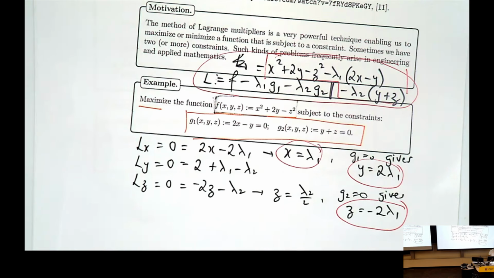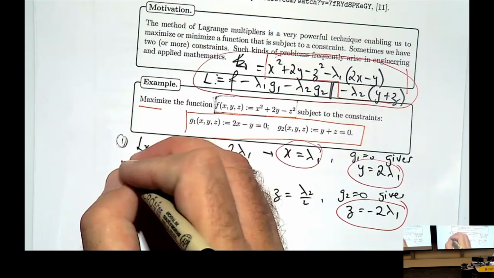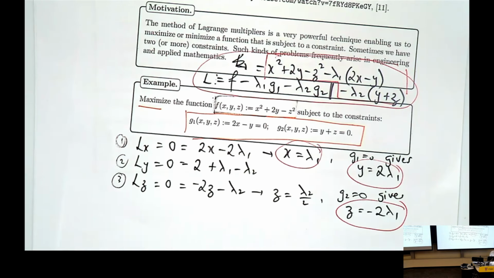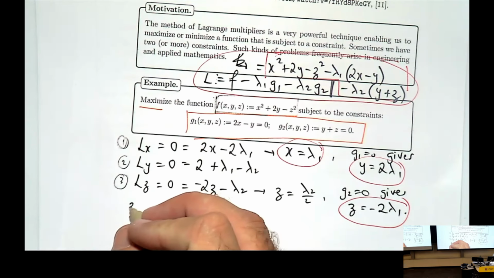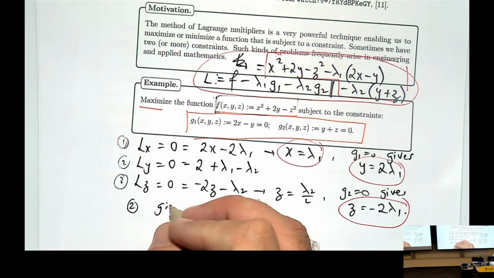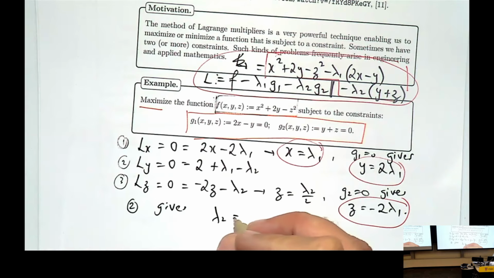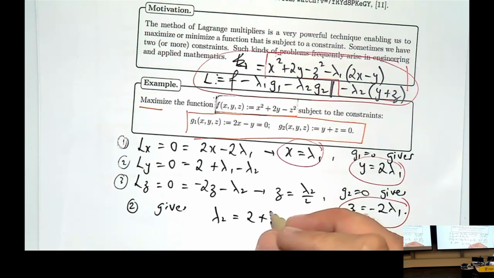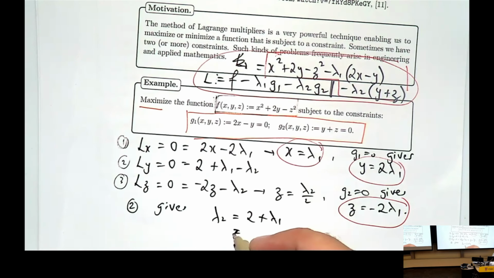Let's call this 1, 2, 3. So lambda 2 is 2 plus lambda 1, right?